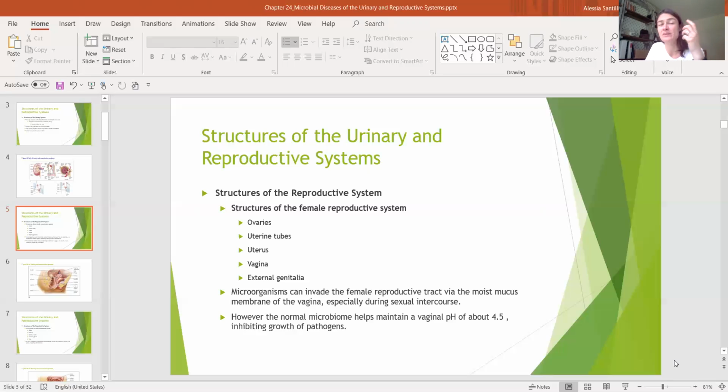However, in females that are prepubescent or younger, or when a woman is going through the menstrual cycle or her period, they have fluctuations in estrogen, and a prepubescent girl is going to have lower estrogen levels. Those lower or fluctuating estrogen levels make it so that there's not a lot of glycogen in your reproductive tract.